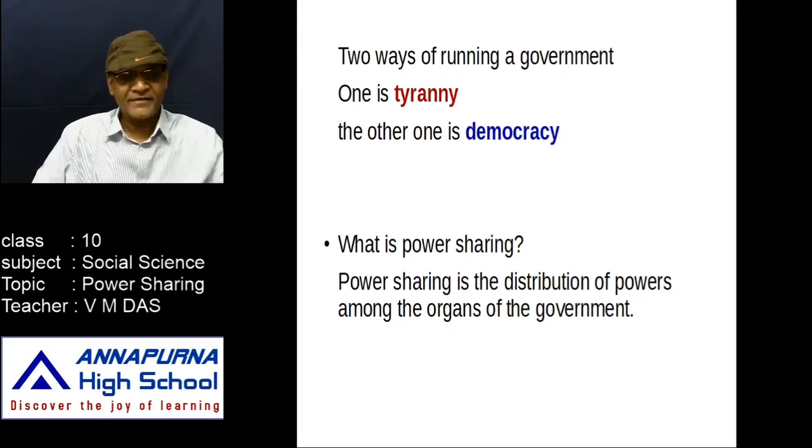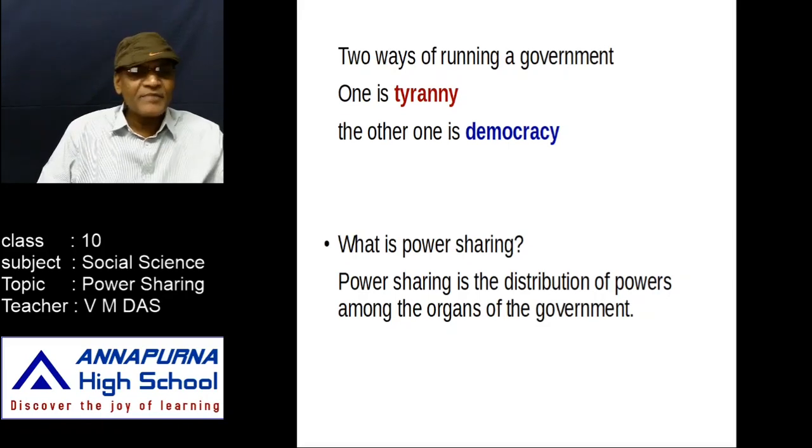And on the other hand, democracy. You have already learnt about democracy in class 9 under the title, What is Democracy? Why Democracy? A people's government. People have all the rights and all the privileges.